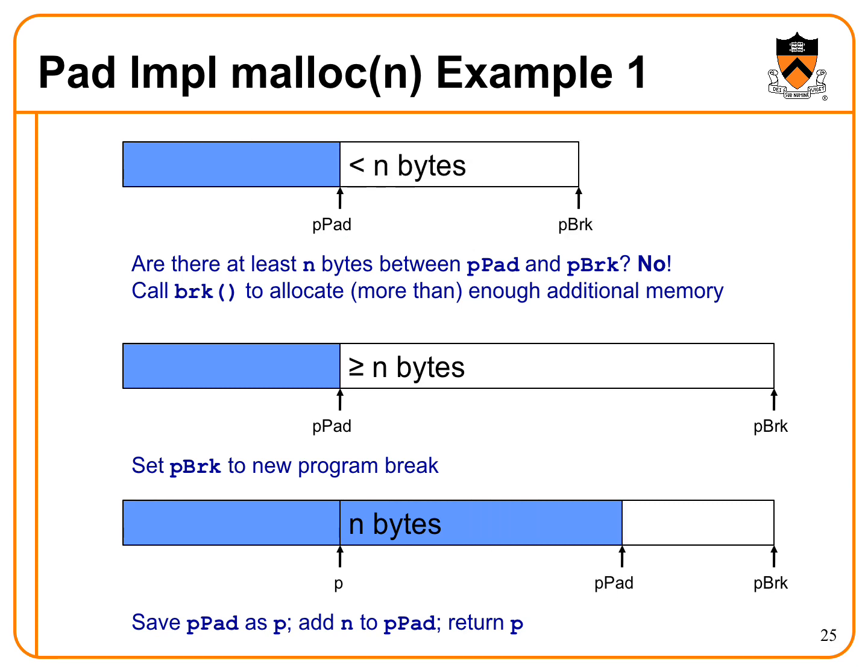This means that the pad and the break pointers might not be at the same spot, but if the client requests more than is available in the pad, the picture is still pretty much the same. We call break to expand the heap more than enough to satisfy the request, return the allocation, keep the rest as the pad.